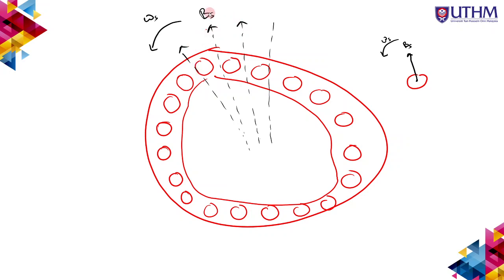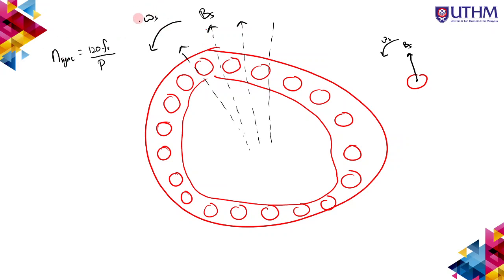The magnetic field will move with the synchronous speed n_sync, where the formula is 120 times electrical frequency divided by number of poles.